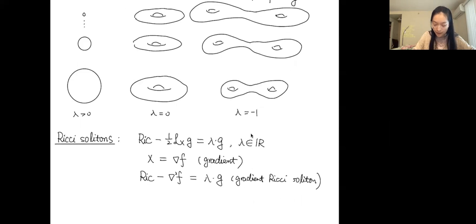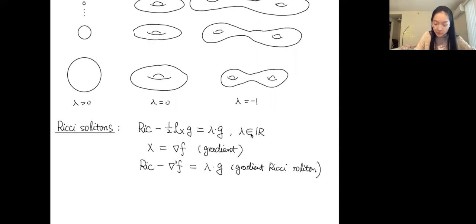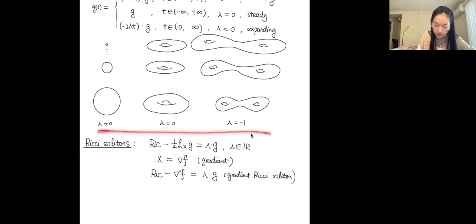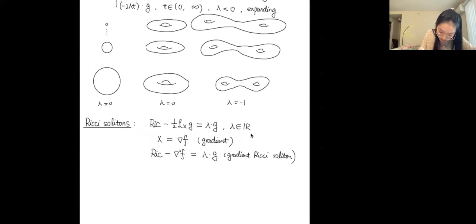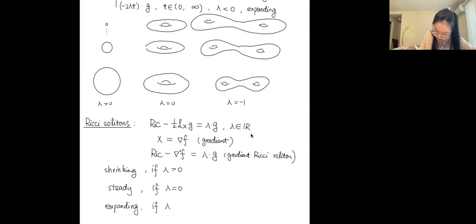Okay, and so based on the intuition we get from these three pictures, I'm going to call the Ricci soliton a shrinking soliton if lambda is greater than 0, a steady soliton if lambda is equal to 0, and an expanding soliton if lambda is less than 0.